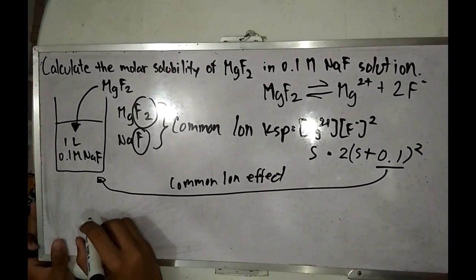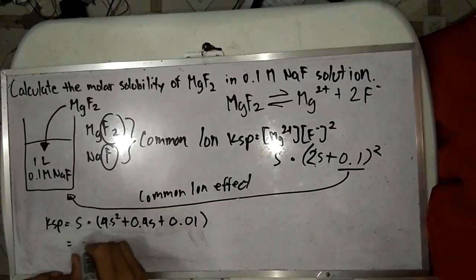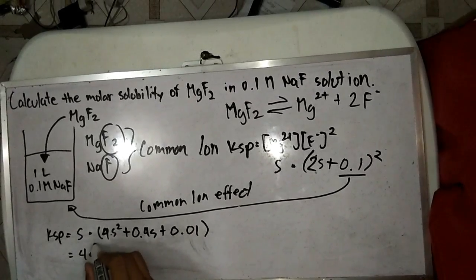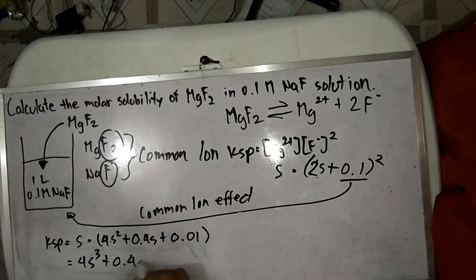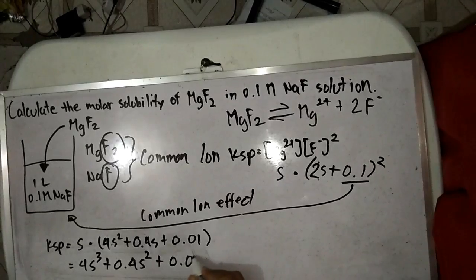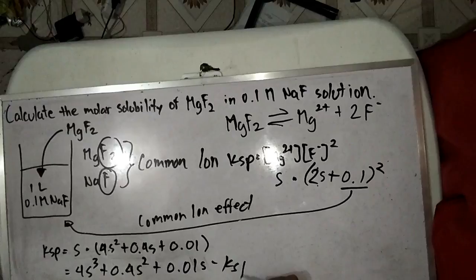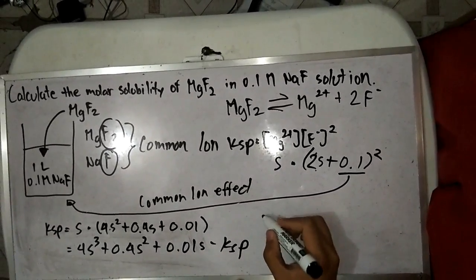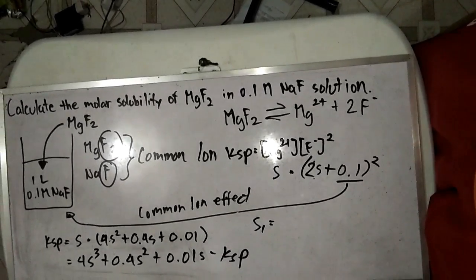Further simplifying the 2S plus 0.1 squared, we would arrive at KSP is equal to S times 4S squared plus 0.4S plus 0.01. And again, by further simplifying, we would arrive at 4S cubed plus 0.4S squared plus 0.01S minus KSP. Since this is a cubic equation, we will find S1, S2, and S3.